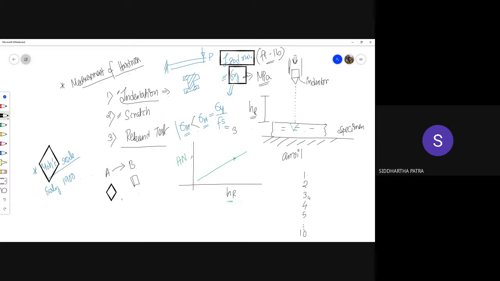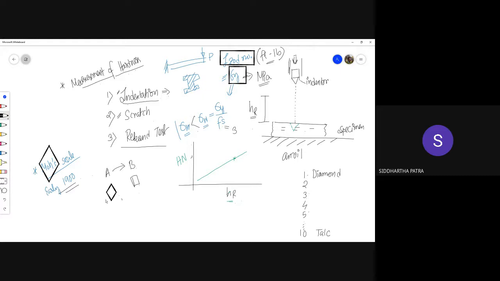Whichever material is able to make a scratch goes to the higher rank, and whichever is not able to goes to a lower rank, and this way the ranking is done. Now, this was early 1900s. Can you guess what material must have topped the chart? Diamond. And the 10th material was talc, which is a mineral, a very soft material. The opposite of hard is soft.